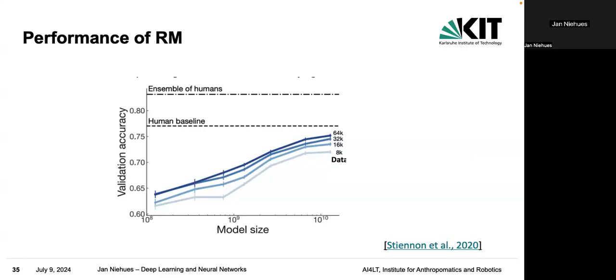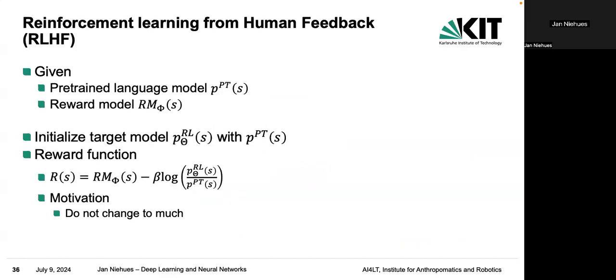There is one additional step in doing that, and that is that you don't want to change too much. Again, we don't want to forget what we had before. You don't want the model to go completely somewhere else. You only want to do minor changes.